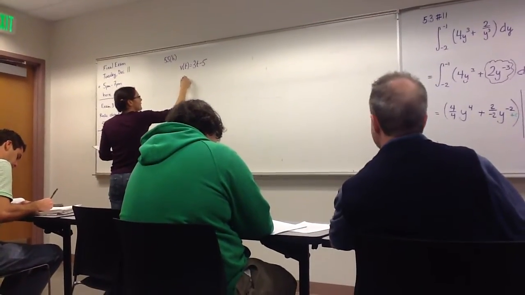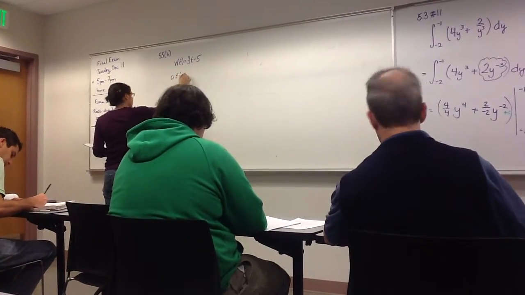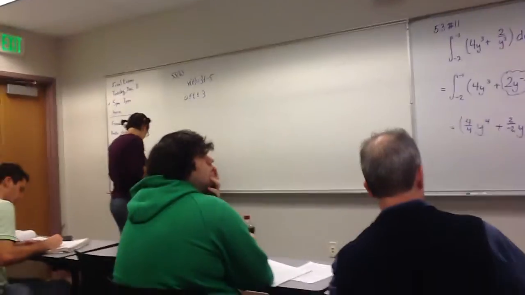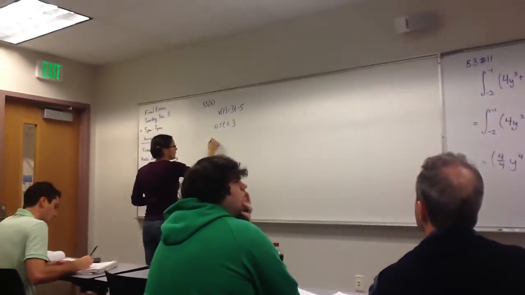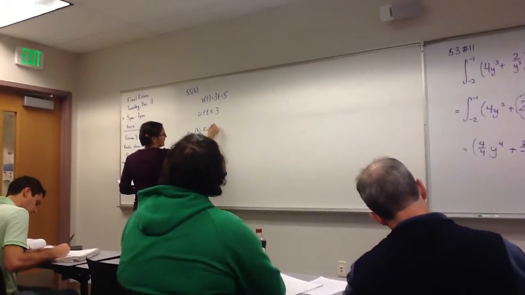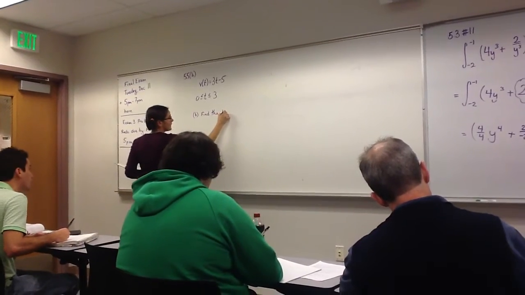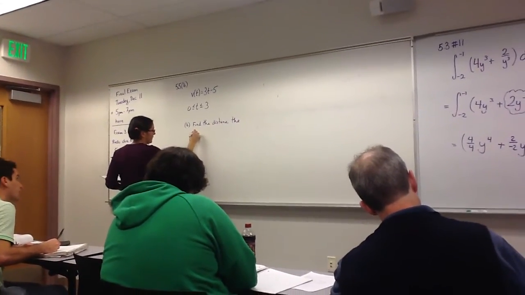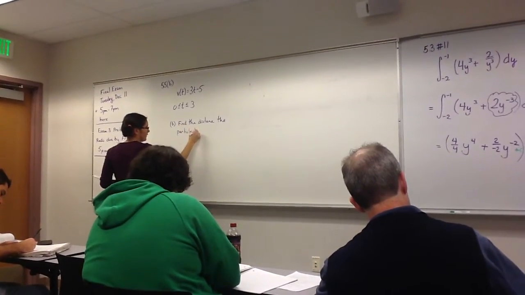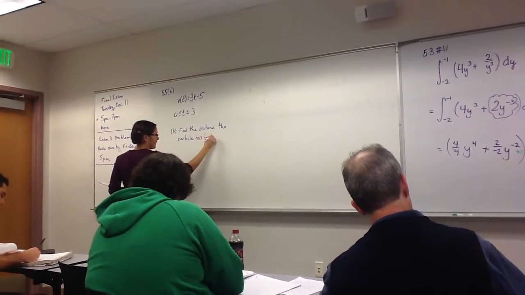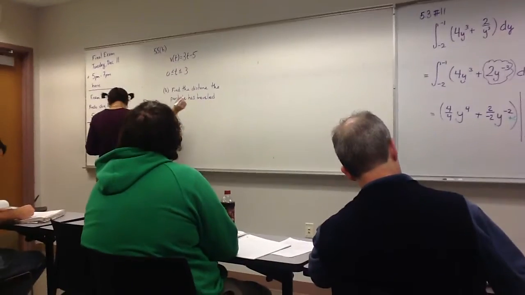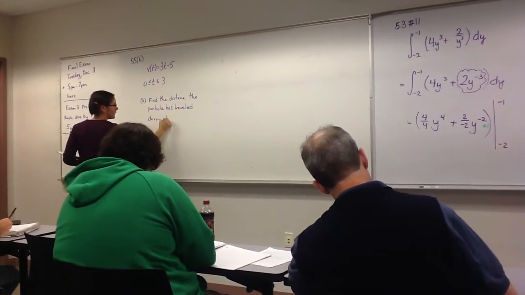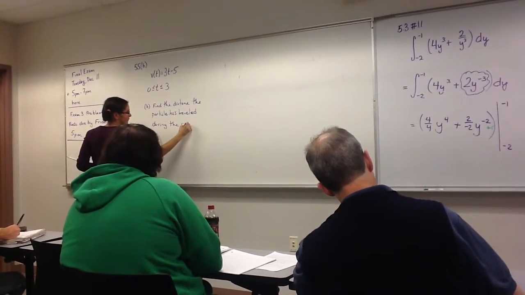And we're given a time interval where t is between 0 and 3. And in part B, we're asked to find the distance the particle has traveled during a given time interval.